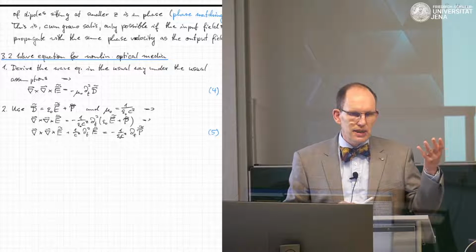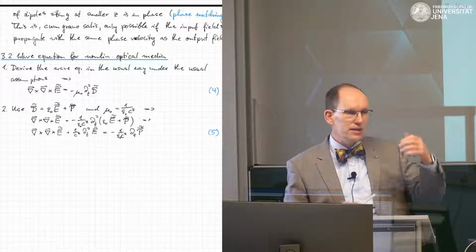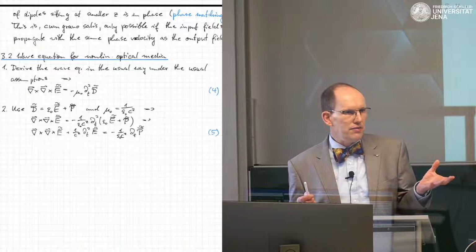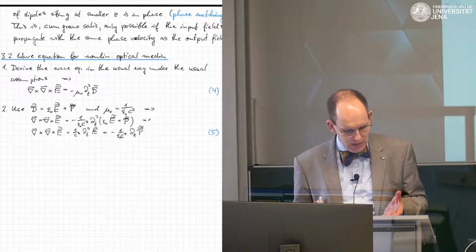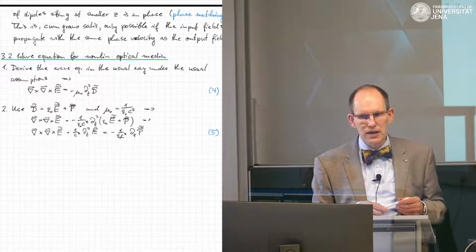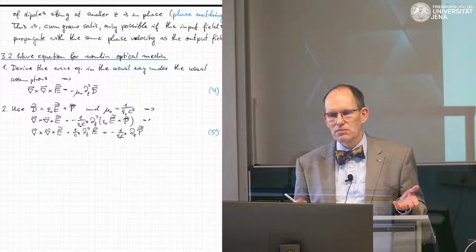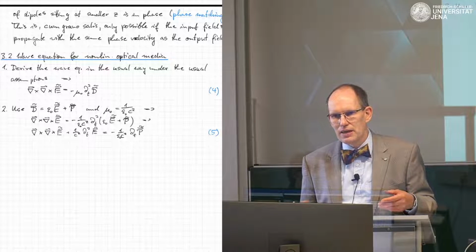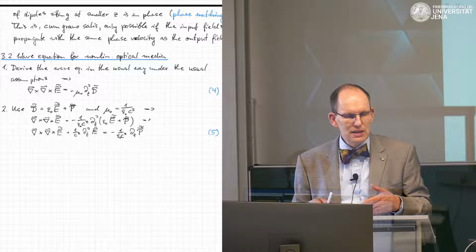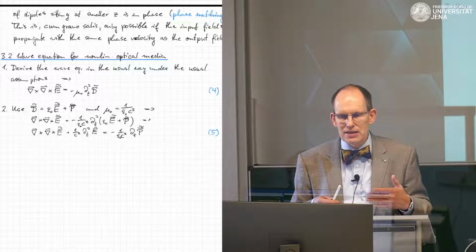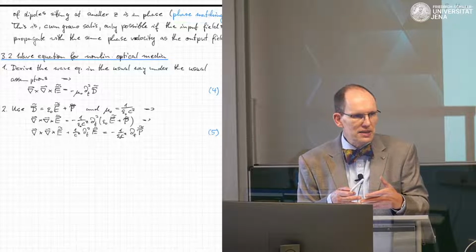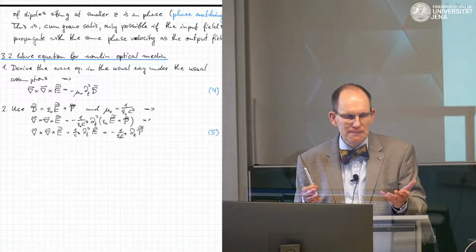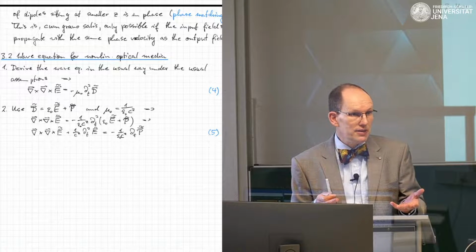Well, then there's another argument that you could apply. You could say, if the wave is a plane wave, then the divergence of the E field, of course, is 0. Unfortunately, if we do nonlinear optics, then we need high intensities, and this means that we focus our beams. So we don't have precisely plane waves.